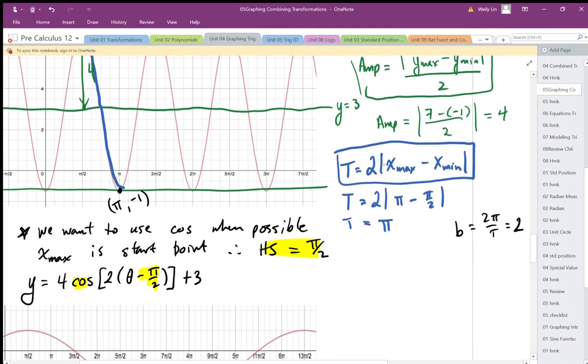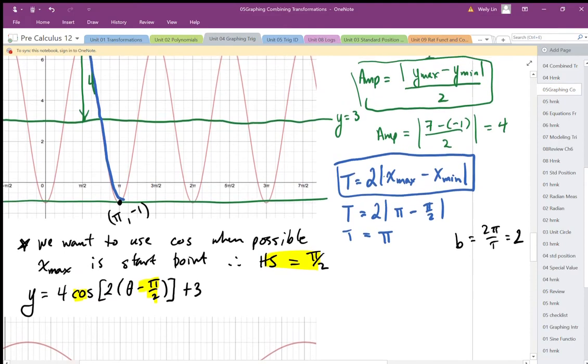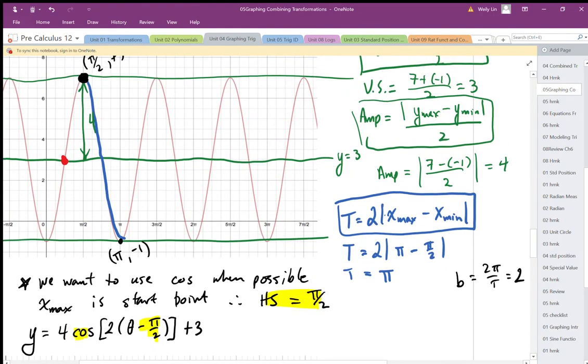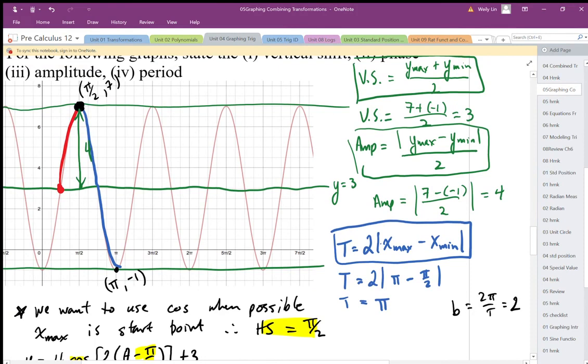Now to use sine, it's a little bit different because we're going to have to find the starting point. So there's lots of options. So I'm not going to generalize things because there's lots of options. Basically, we want this start position, okay, which is 1/4 of a period back from that max point. So 1/4 of a period is going to be 1/4 pi.